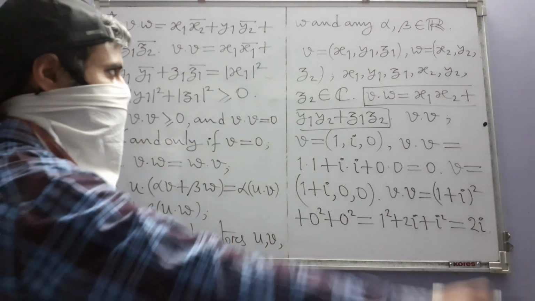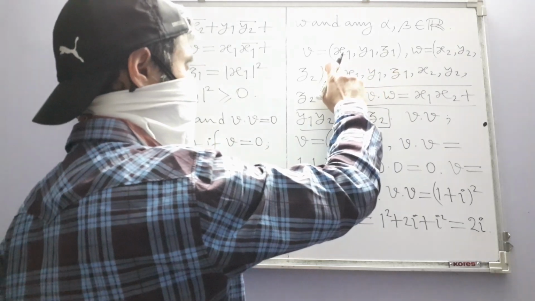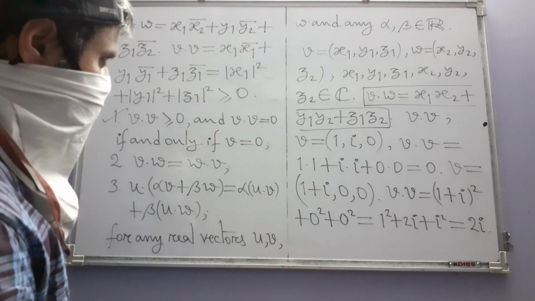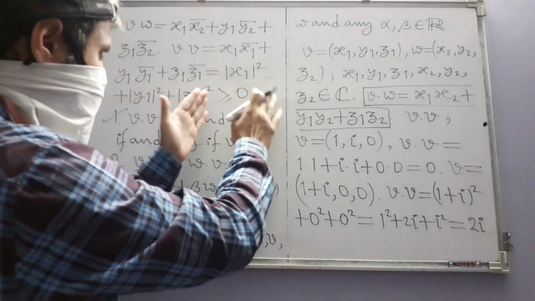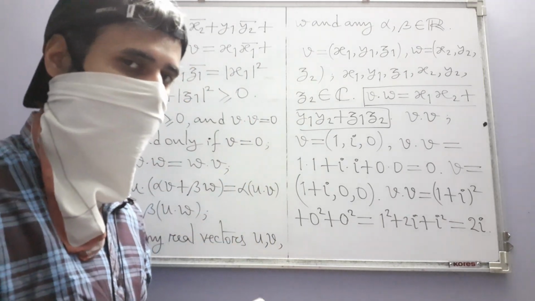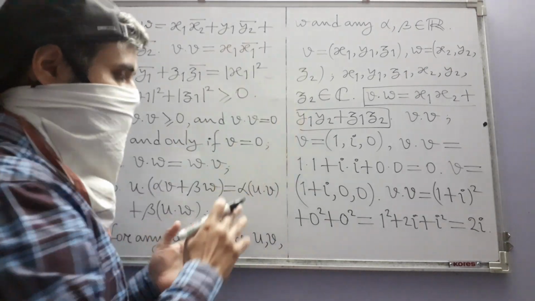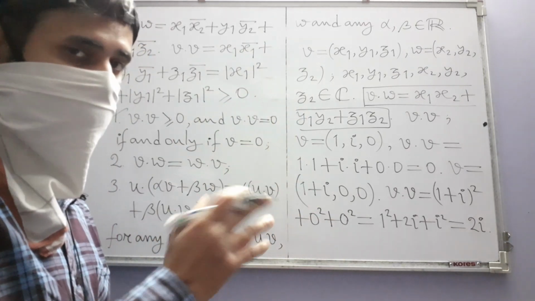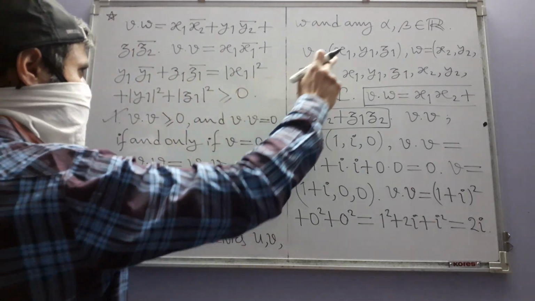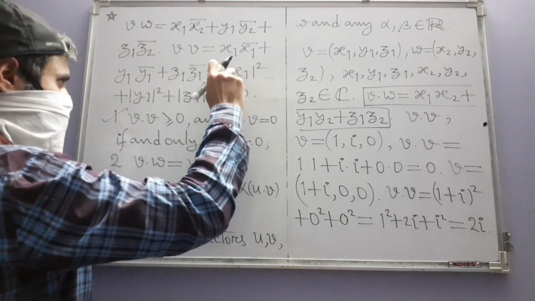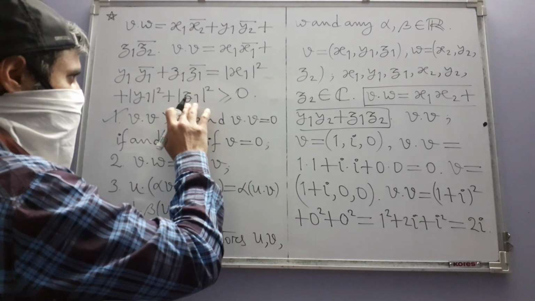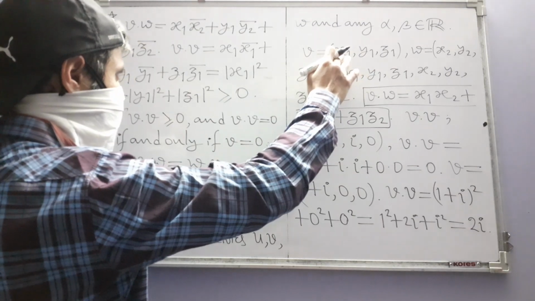And if my V is 0, that means all these complex numbers are 0, then of course this quantity is 0. Conversely, if this quantity is 0, then each term should individually be 0. That is because there is no having negative terms and cancellations, so those things are not possible because we are having non-negative terms.